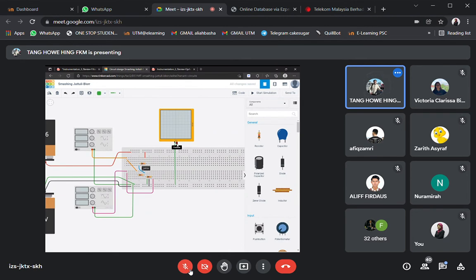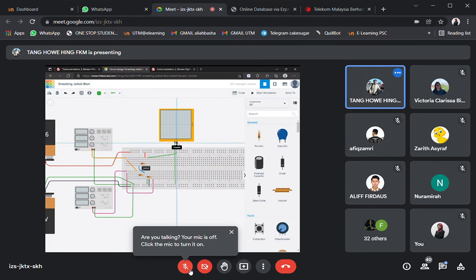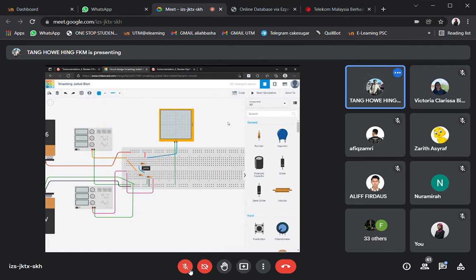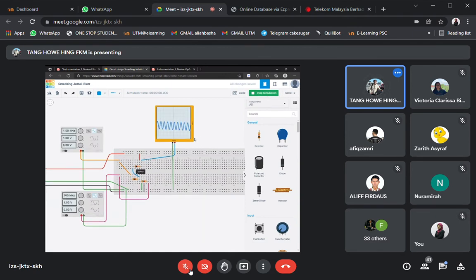Green, and then let's monitor what is the output from the op-amp. Okay, so far so good, everyone. And now let's start with the simulation and let's see what the signal looks like.